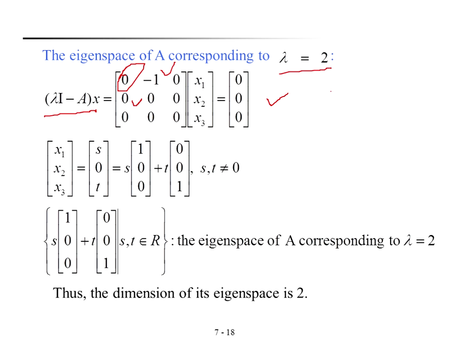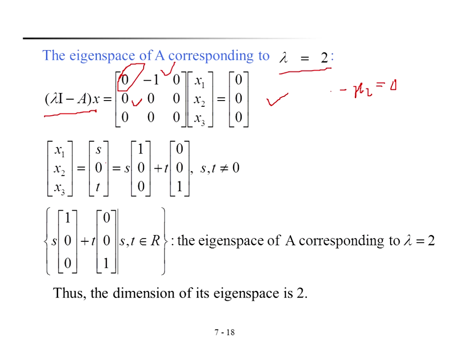So I have the equation minus x2 is equal to 0. This is the equation of the matrix. So we have three unknowns, three variables.